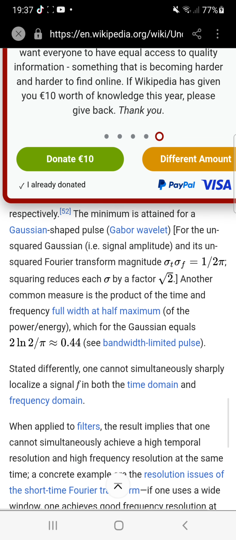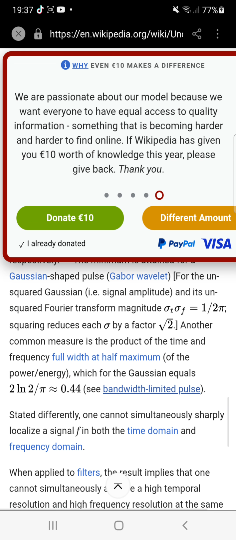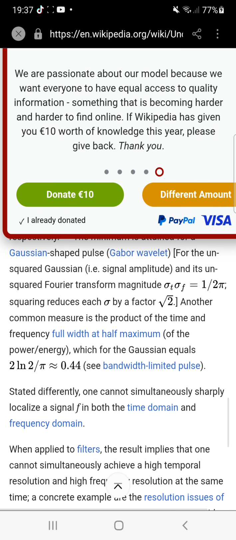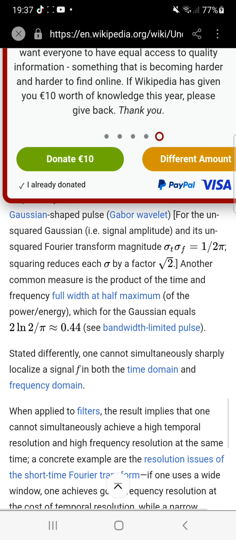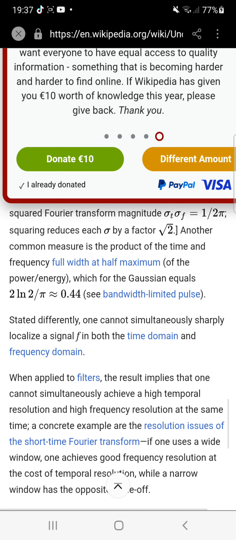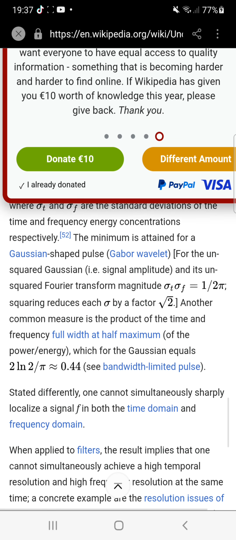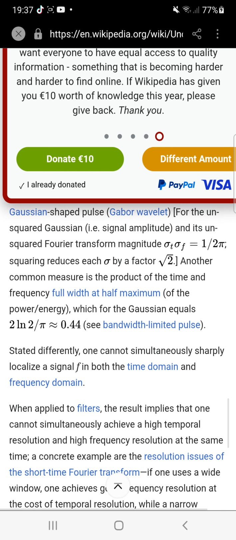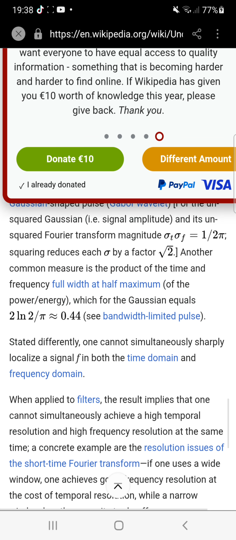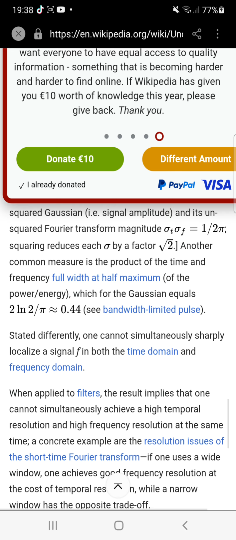The minimum is attained for a Gaussian-shaped pulse, a Gabor wavelet, for the unsquared Gaussian signal amplitude and its unsquared Fourier transform magnitude: sigma t sigma f equals 1 divided by 2π.